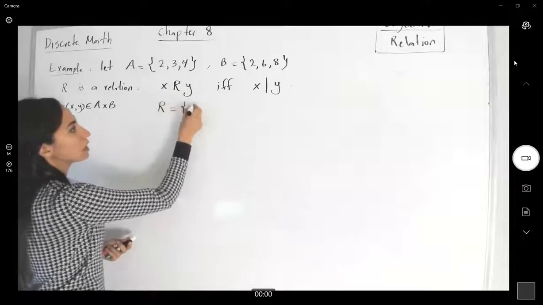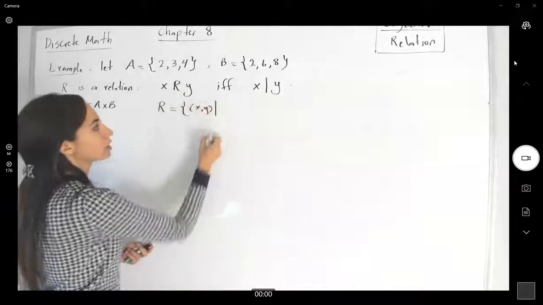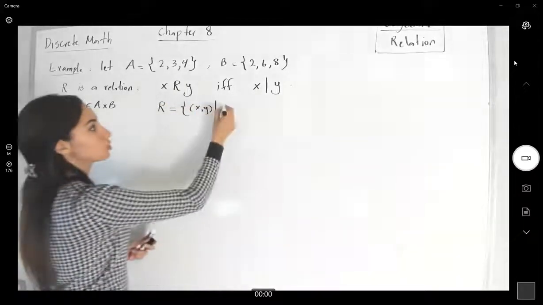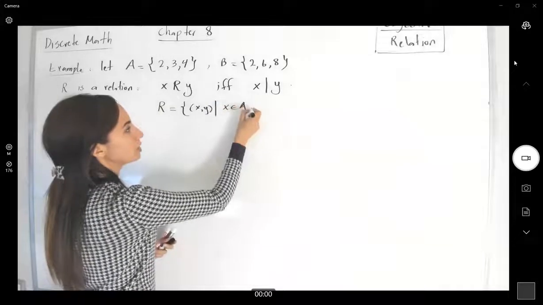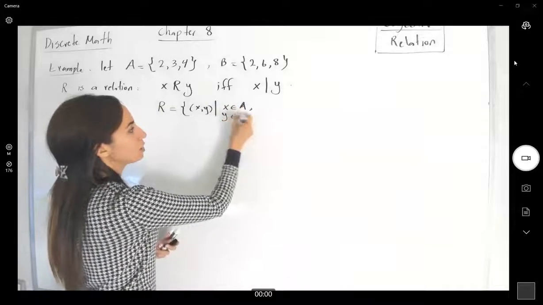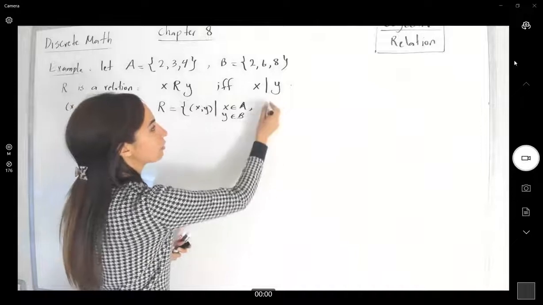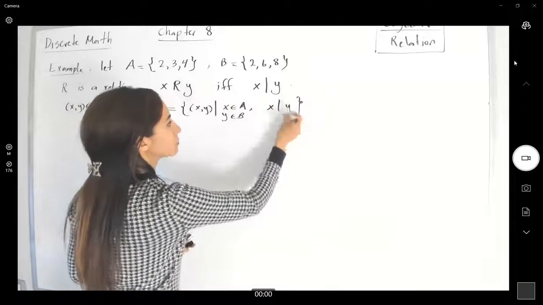R is the collection of ordered pairs X and Y such that X belongs to A, Y belongs to B, and X divides Y.